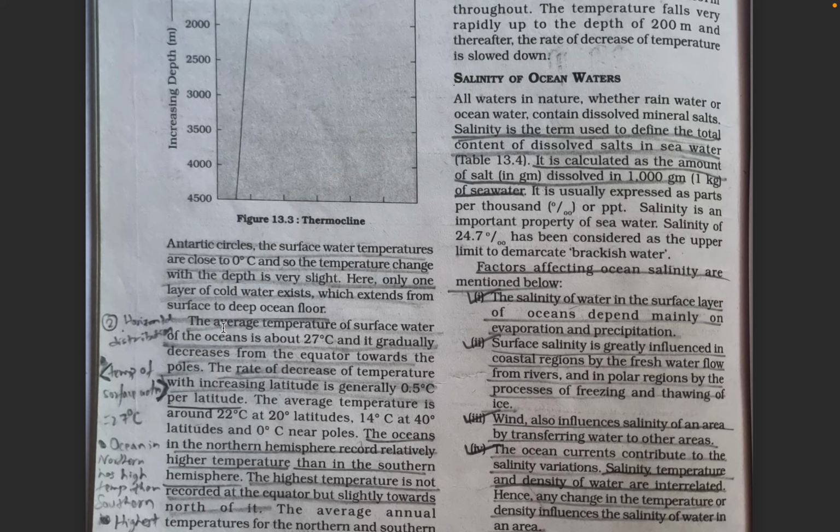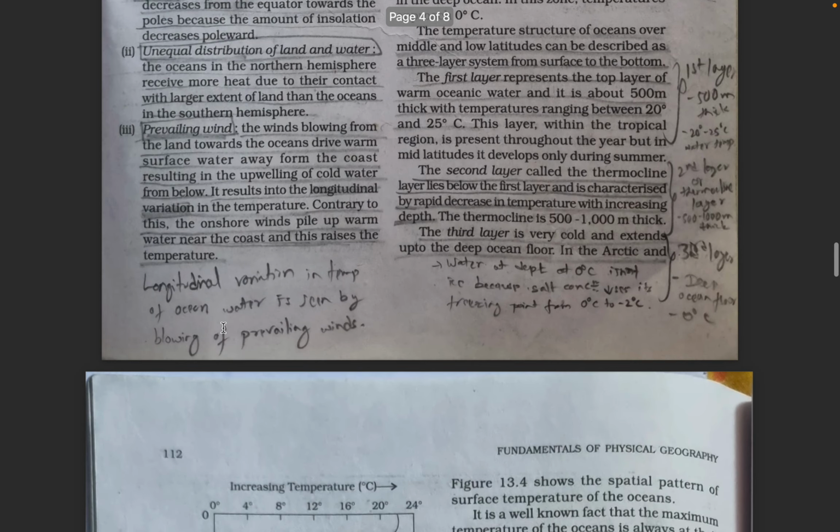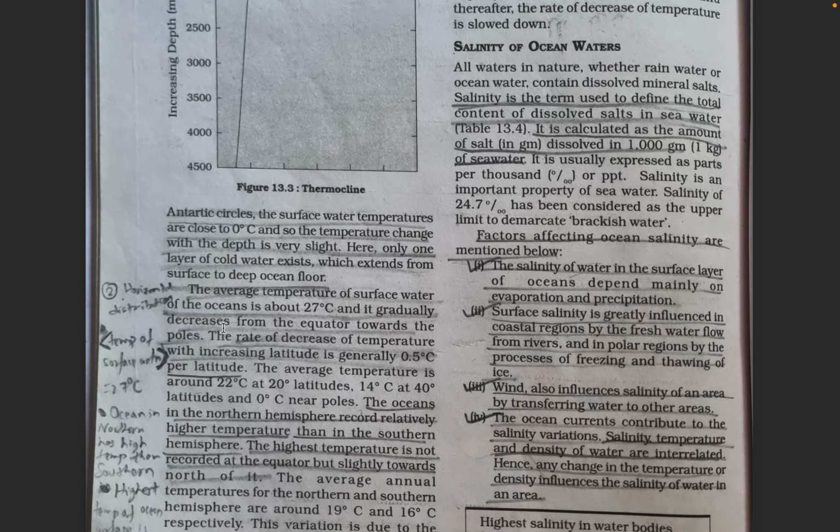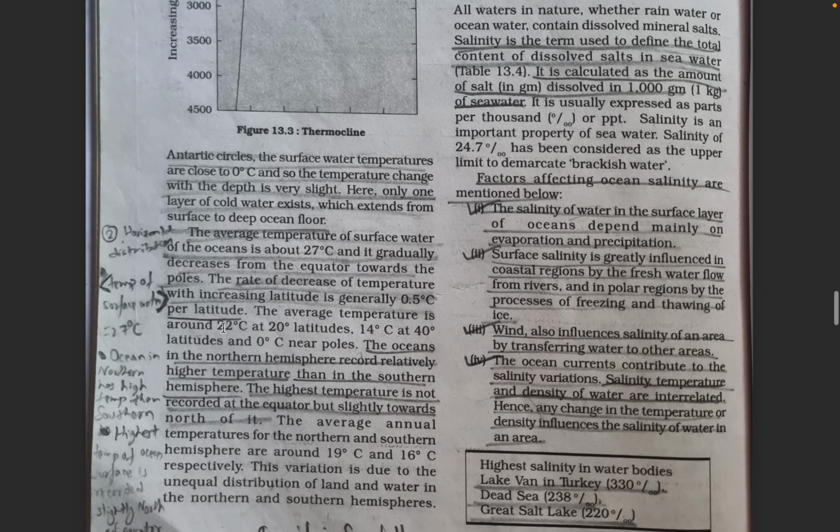In the Arctic and Antarctic, the surface temperature of water is close to 0 degrees Celsius, so there is not much change with depth as we go down in the Arctic and Antarctic only.